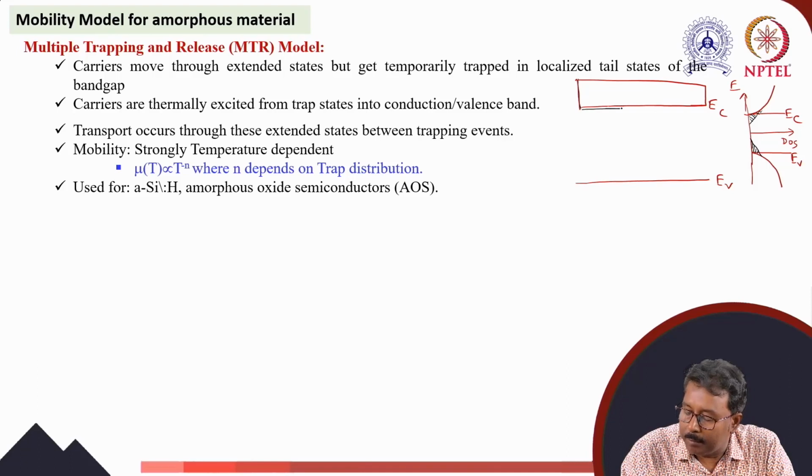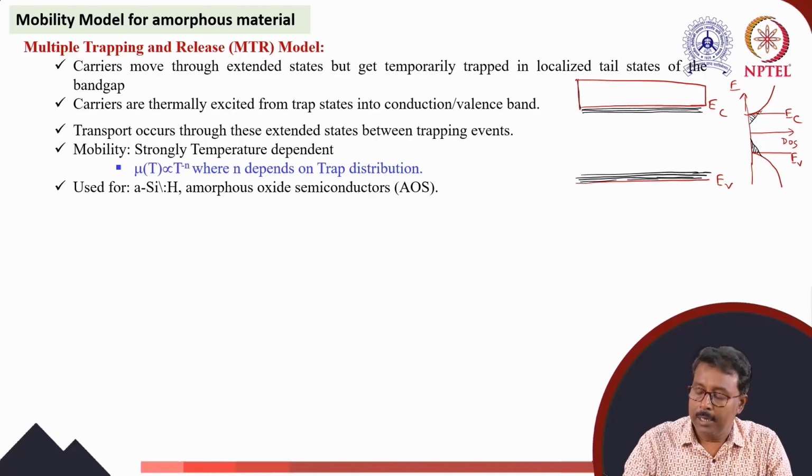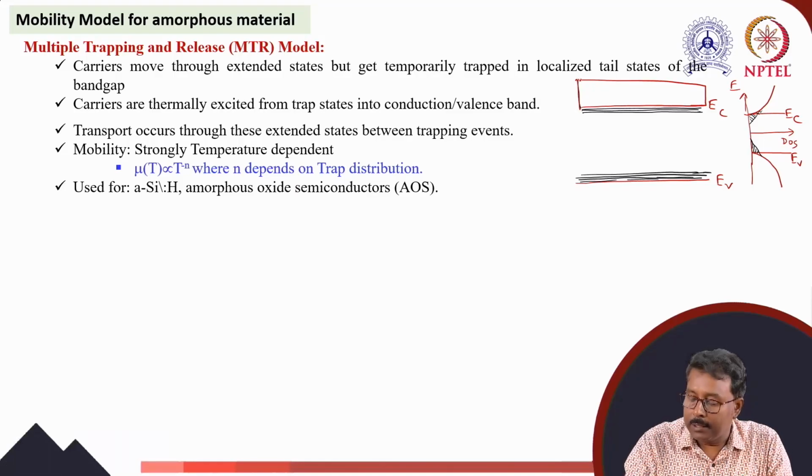And these are some states which are present, tail states or trap states. These are also energy states where a carrier may reside. And this is the conduction band.